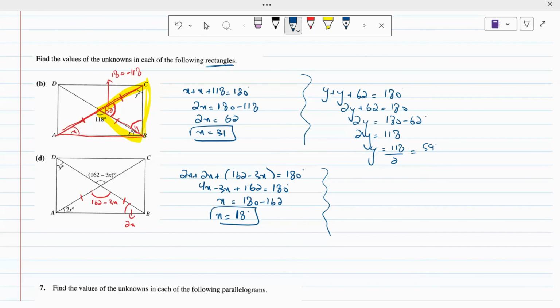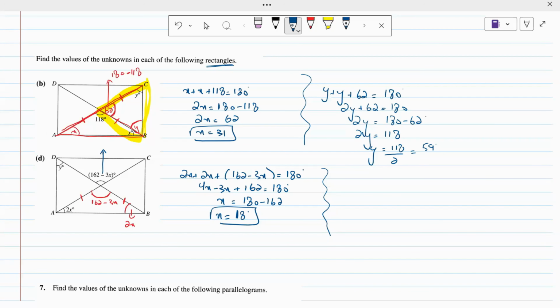Now we have to work it out for y. For y, we can first find the value of this whole angle, which is 162 minus 3x.